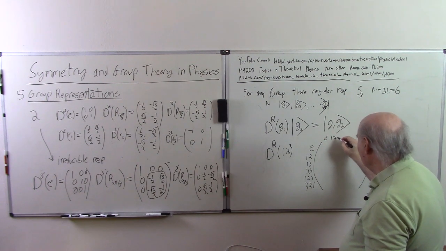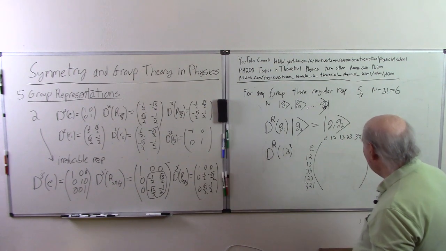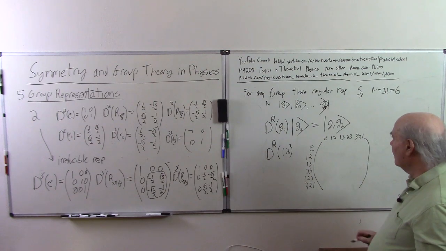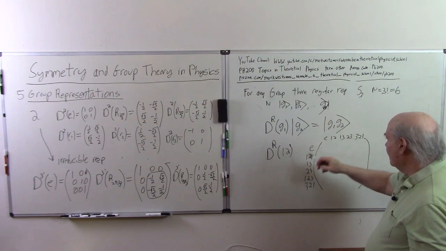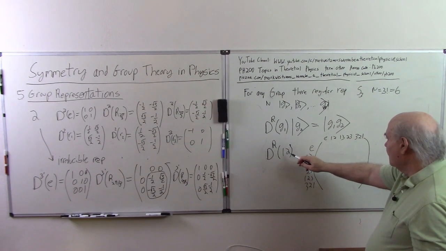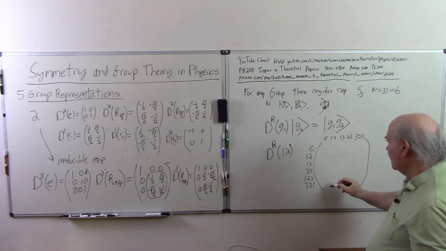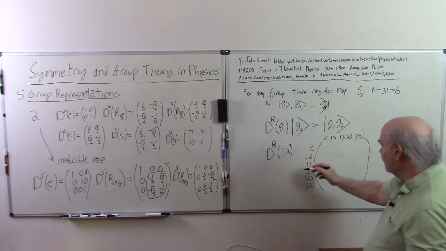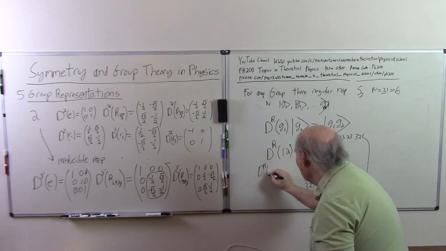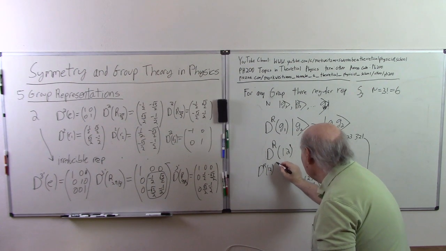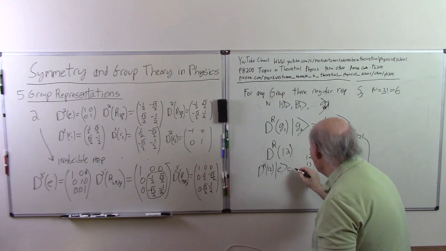If I want to know what (1 2) does to the identity element, it just multiplies it and makes it (1 2). So DR of (1 2) acting on this is just equal to (1 2) times E, which is just (1 2).